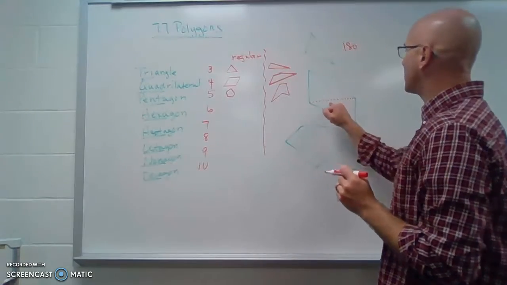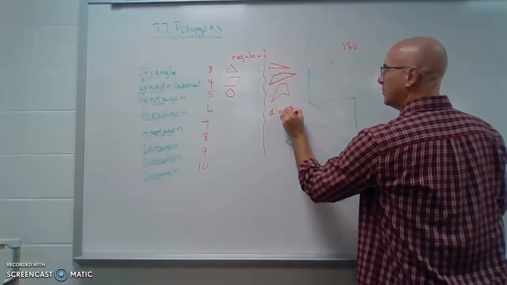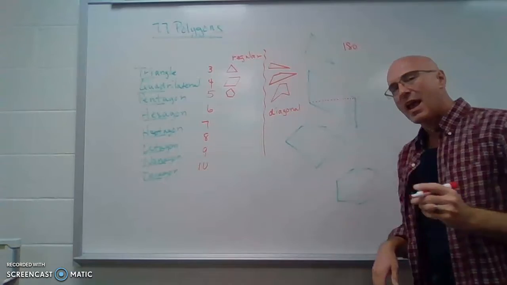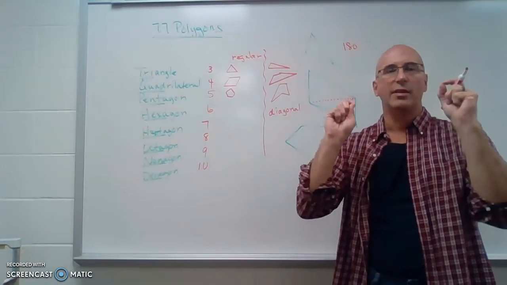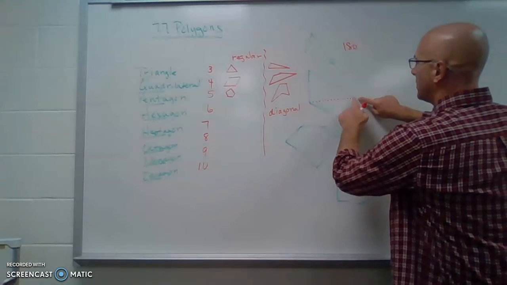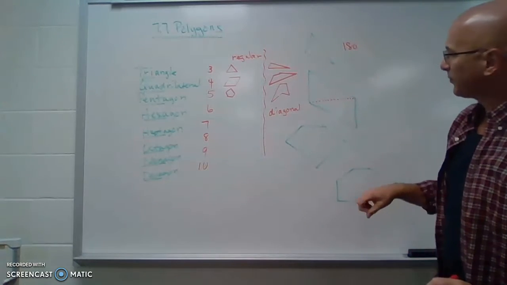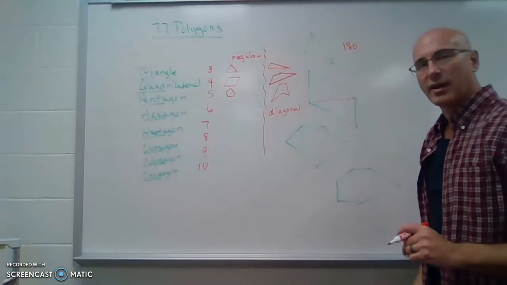I call this line segment a diagonal. A diagonal of a polygon is a line segment that connects two non-adjacent vertices. Adjacent would be next to each other. These are non-adjacent. So what I did is I divided this into 2 triangles.